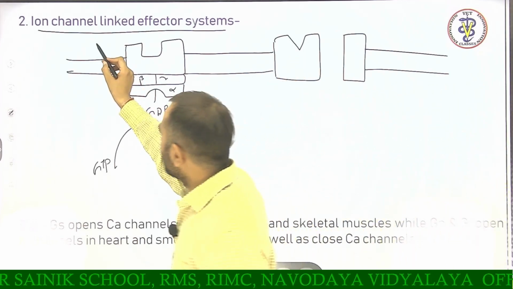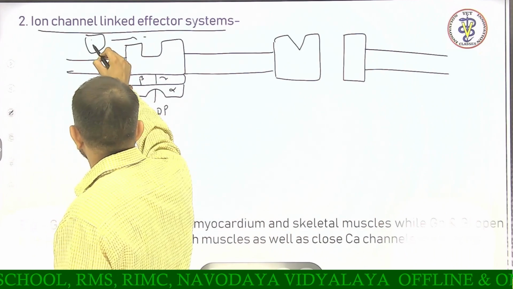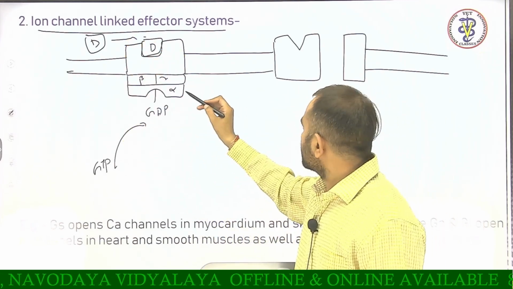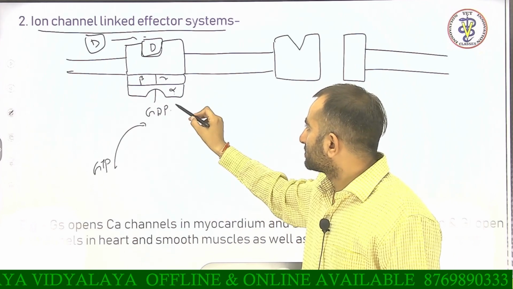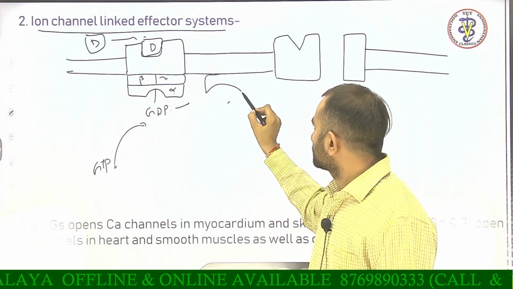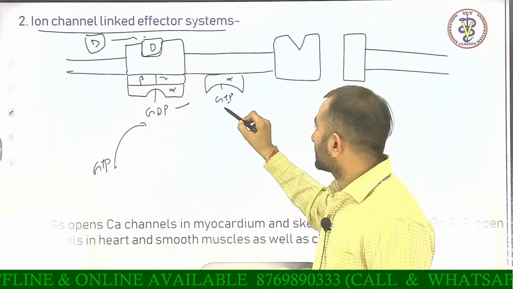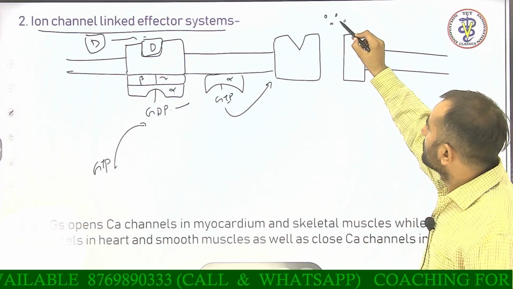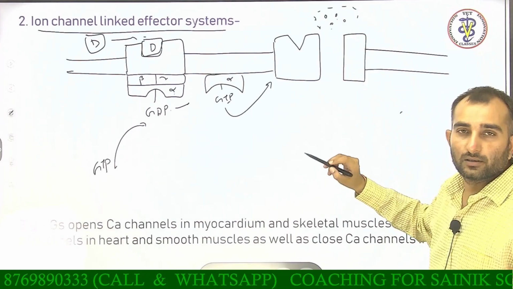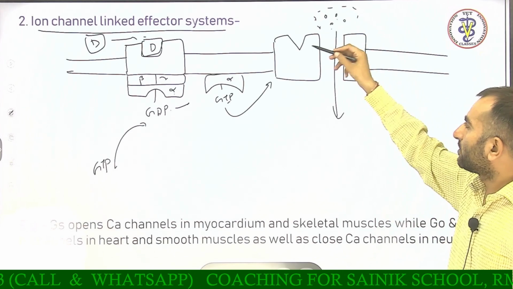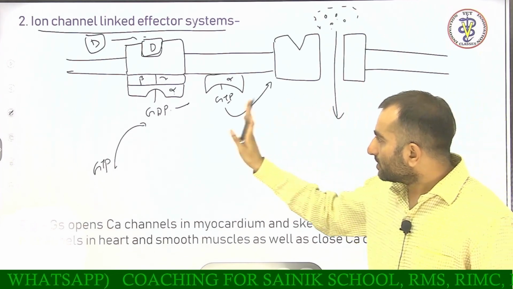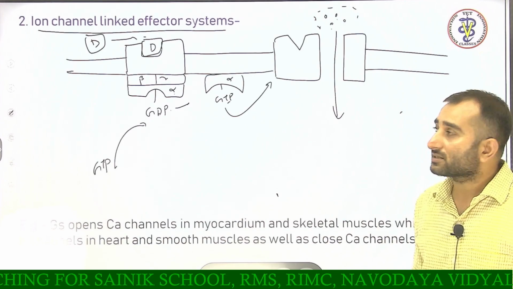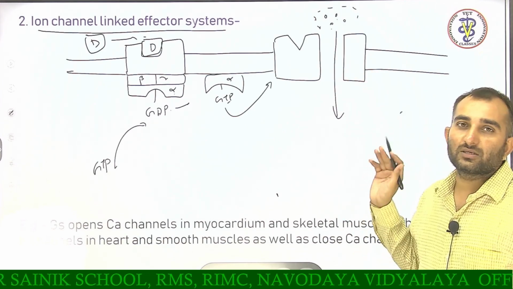The ligand will bind on the GPCRs, or the drug will bind on the GPCR. As the drug binds with the GPCR, the alpha and GDP will change into alpha and GTP, and this is responsible for the activation of these ion channels. When the ion channels open, they open for certain types of ions, and the ions will cross the membrane via ion channels, and when the GTP is again hydrolyzed into GDP and goes back to form the GDP alpha complex, the ion channels will remain closed for certain types of ions.